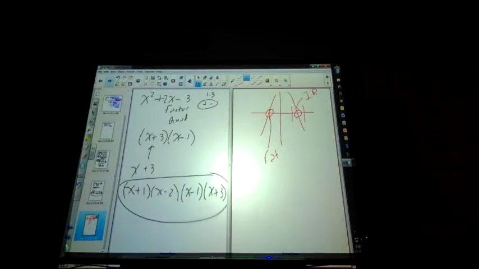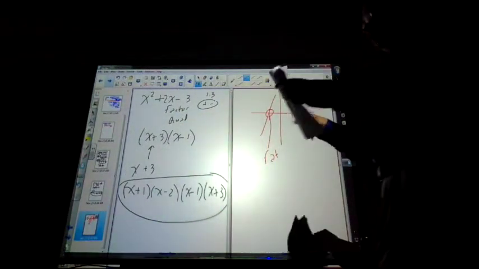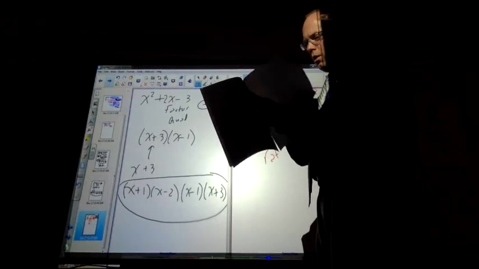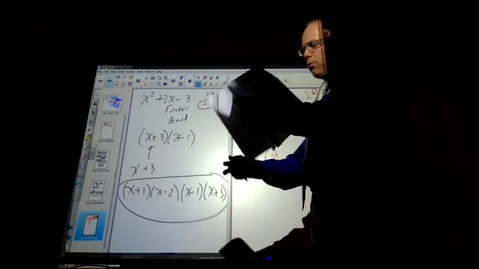Then we need to sketch some graphs. Can I borrow your piece of paper? Back to you, I promise. Okay, so 10. We have 4 problems that we're sketching.